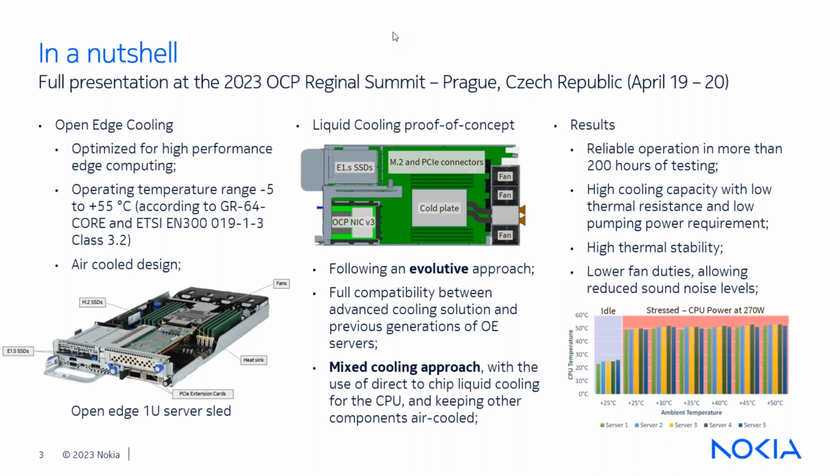It's an impressive result, even with that higher power and higher performance. We were much lower in CPU temperatures. So liquid cooling really enables much more powerful compute if needed.